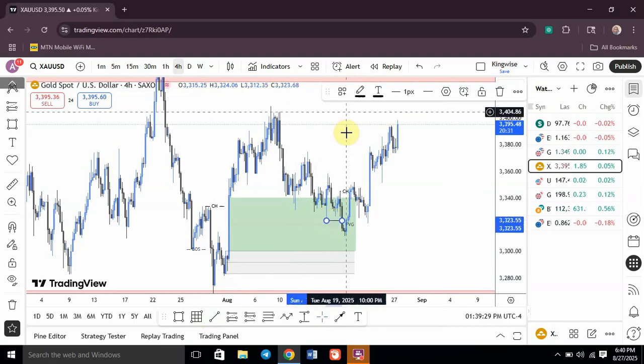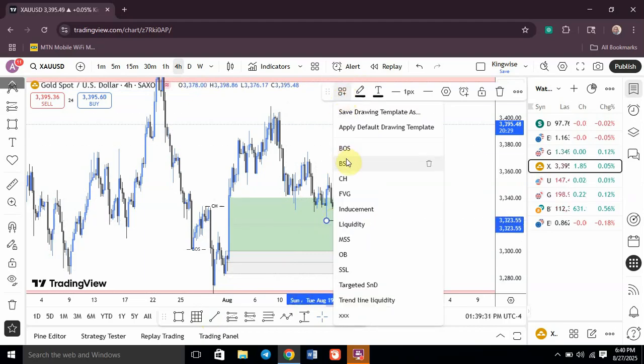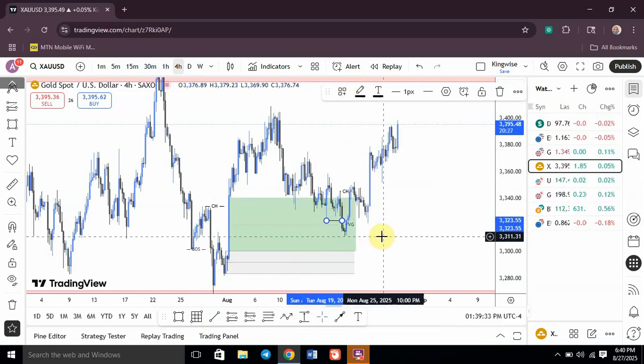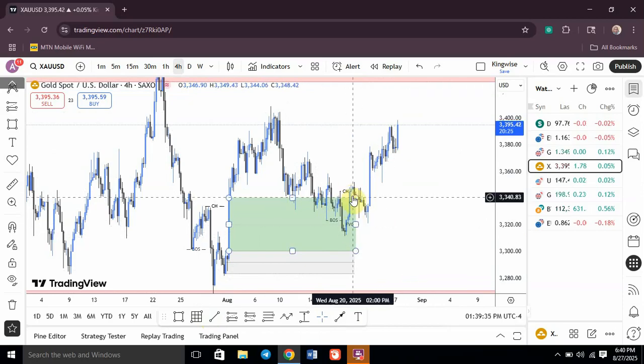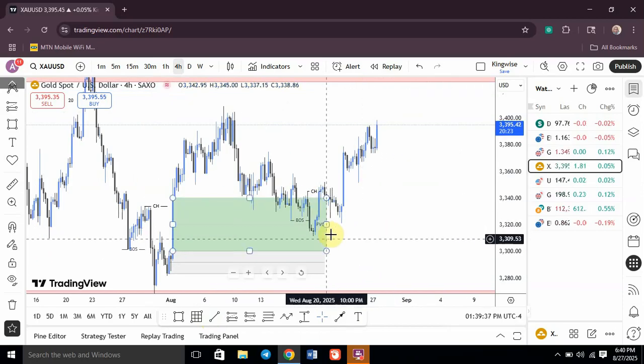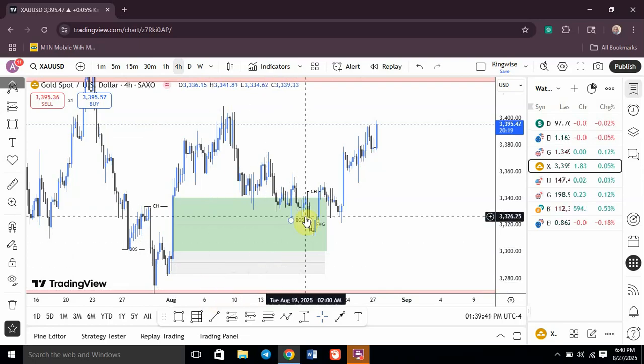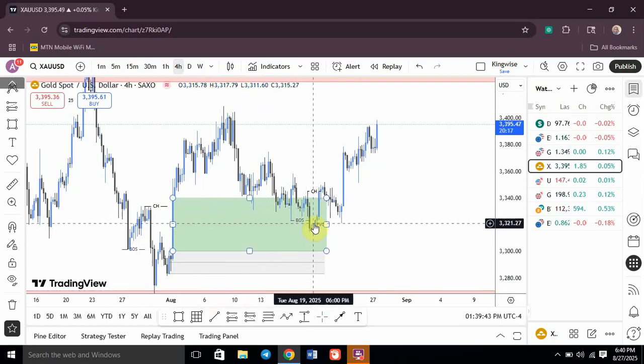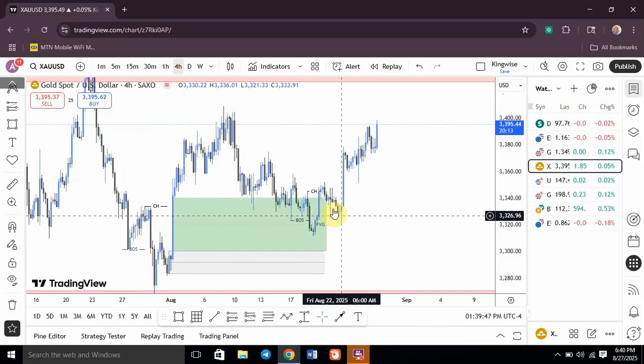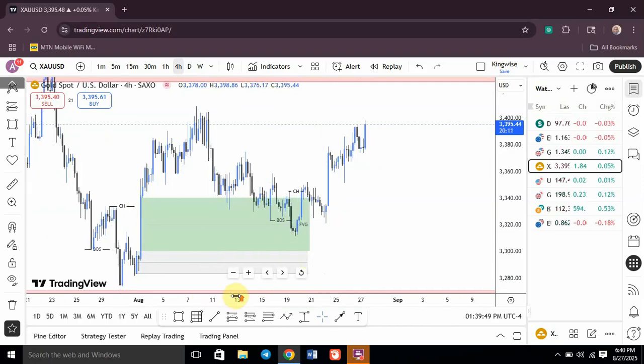This is our break of structure to the downside, then a change of character. What did price do? Price returned into this order block here, and started buying up.